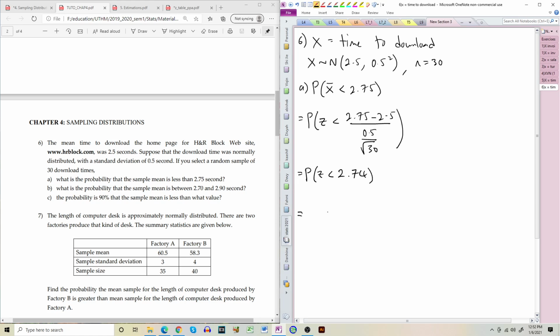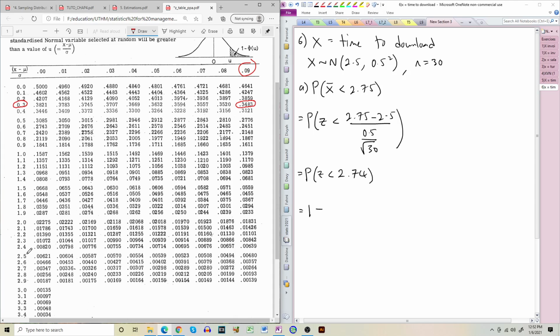In this case, I can clearly see that it is 1 minus 2.74. 2.74 here, 2.74 is here.